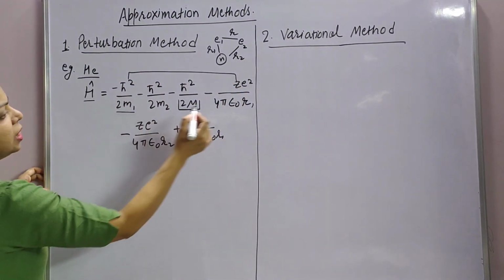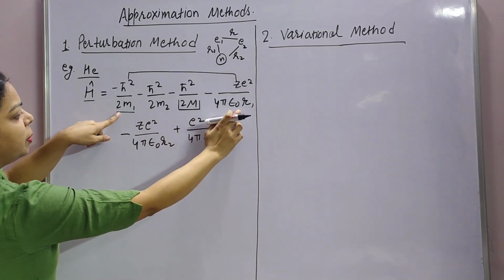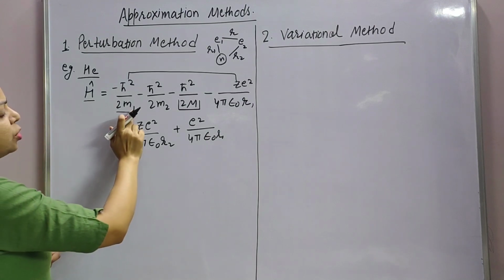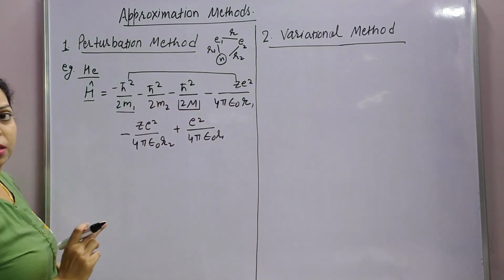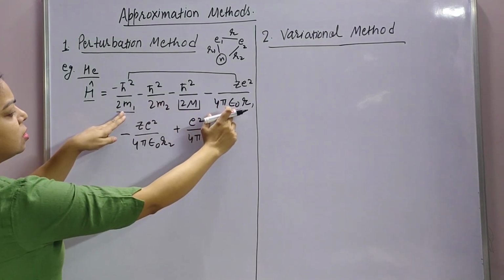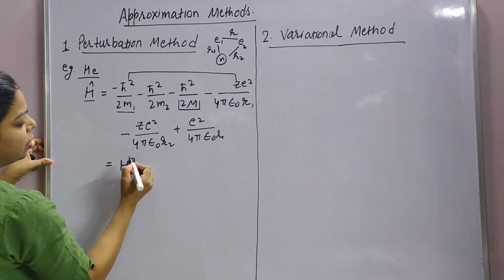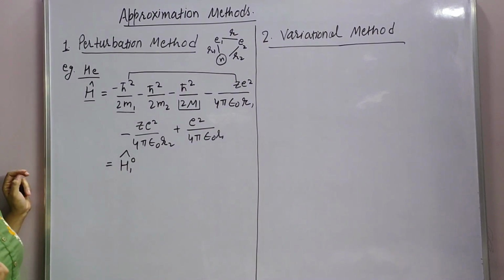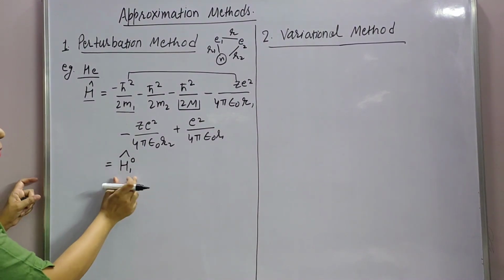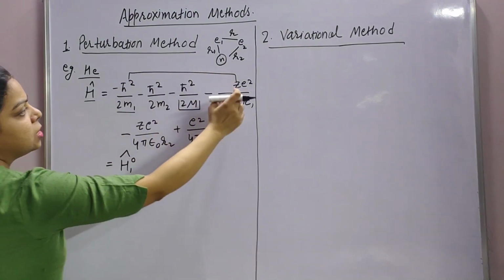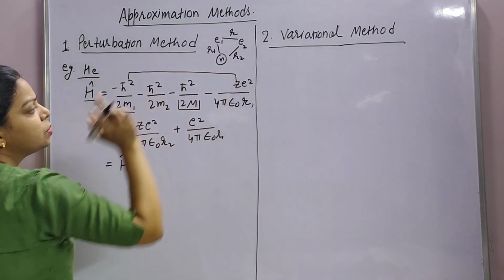So if I combine these two terms, it will be equivalent to a hydrogen atom where one electron and one nucleus is present. So we can write this term, combining these two terms, as H1 naught. This is the Hamiltonian operator for the system if there is only this one electron and this one nucleus.